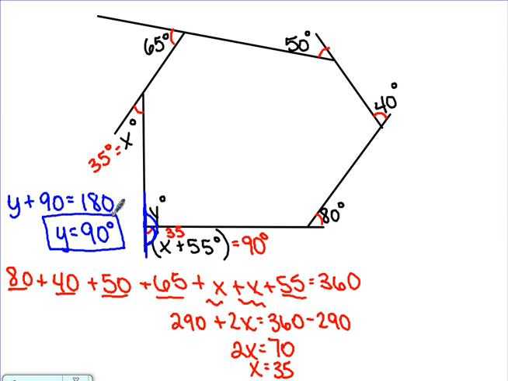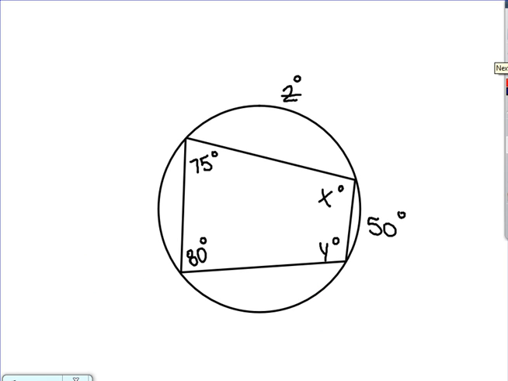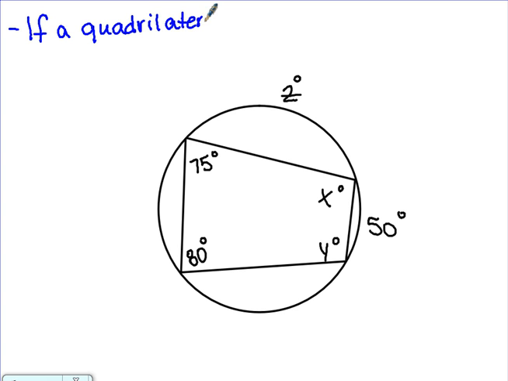Let's next talk about inscribed quadrilaterals. An inscribed quadrilateral is a quadrilateral, or a four-sided figure, inscribed in a circle. Here's the rule. If a quadrilateral is inscribed in a circle, the sum of the measures of any pair of opposite angles is 180 degrees.